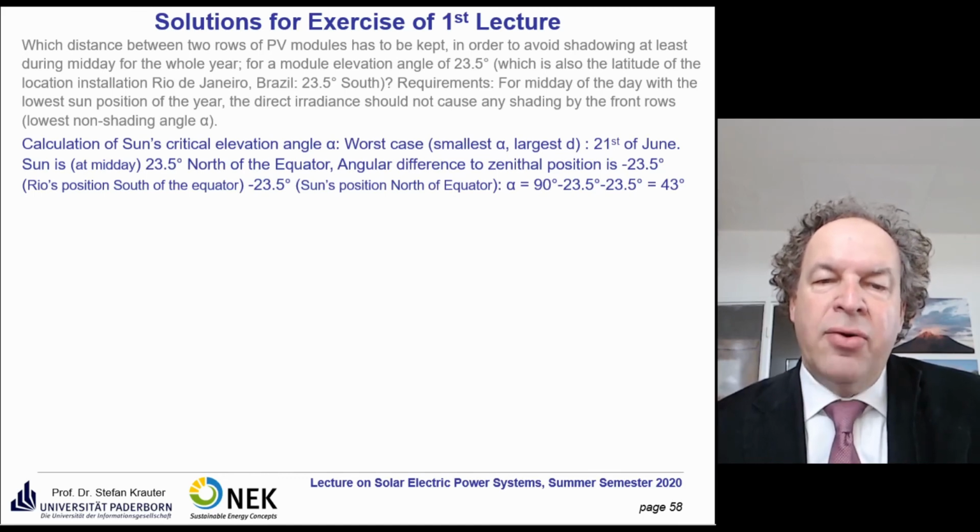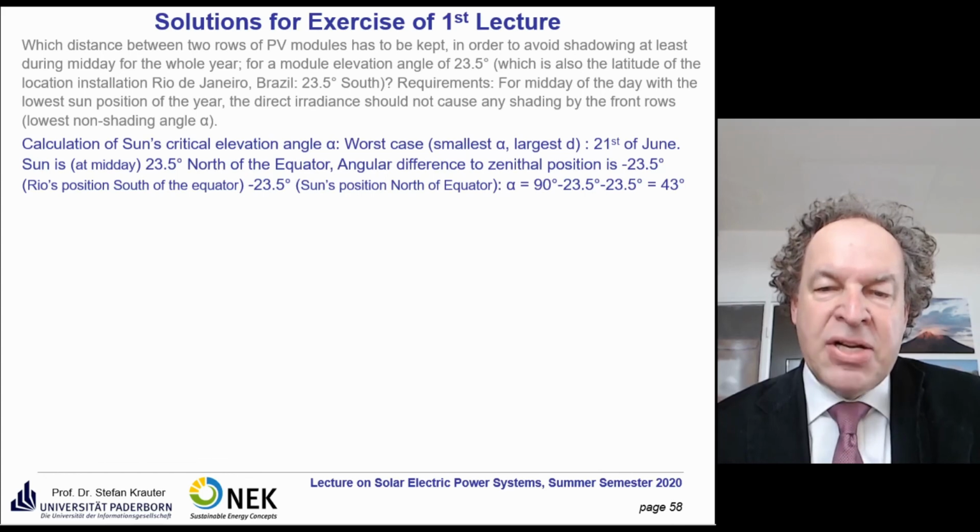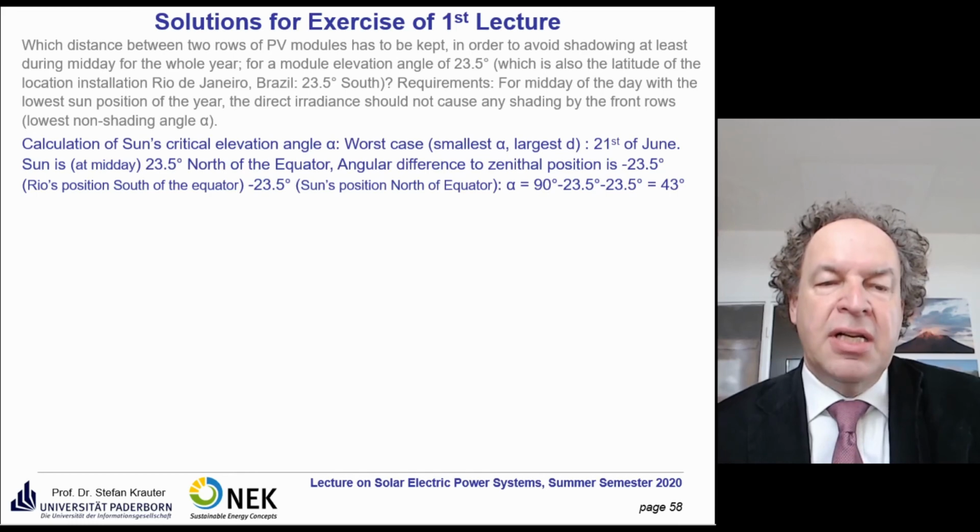Then the angular difference between the zenithal position in Rio, it's minus 23.5 degrees, because Rio is located at 23.5 degrees, and an additional 23.5 degrees, that's the sun position away from the equator, because it's north of the equator. So an additional angular distance of 23.5 degrees.